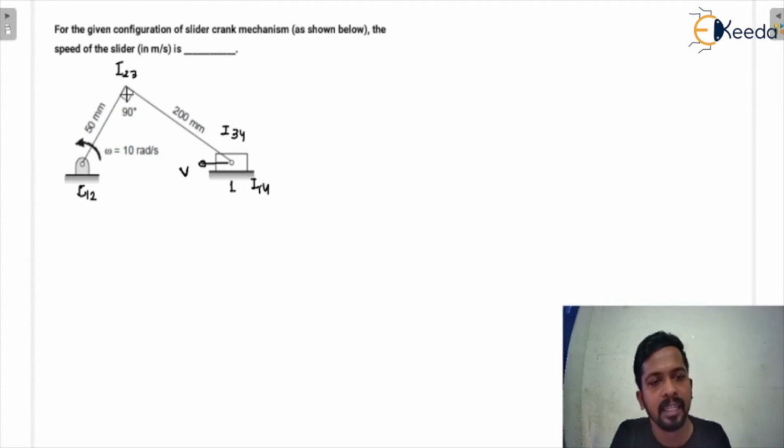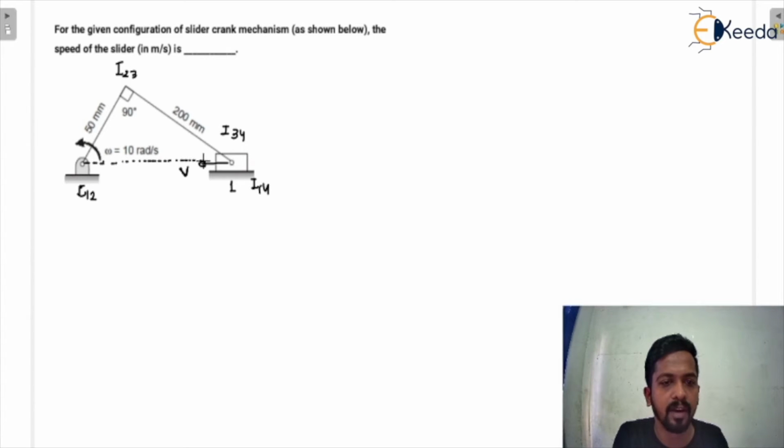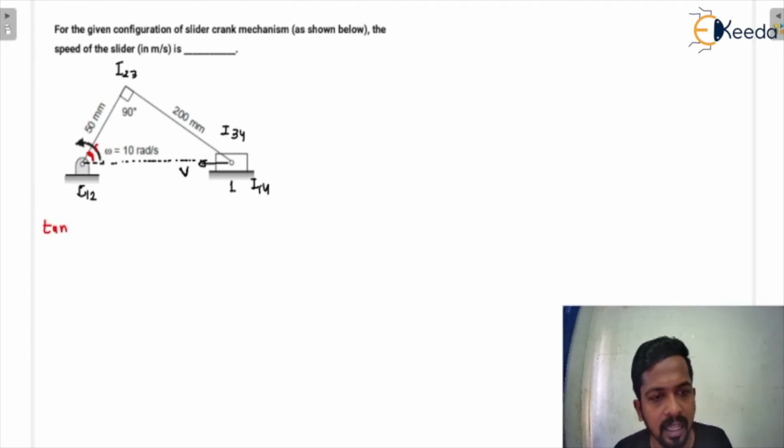Now see here, this is a 90-degree angle. If I want to know what angle this is, we can easily calculate it. If this angle is theta, then tan theta would be perpendicular upon base, that means 200 upon 50.